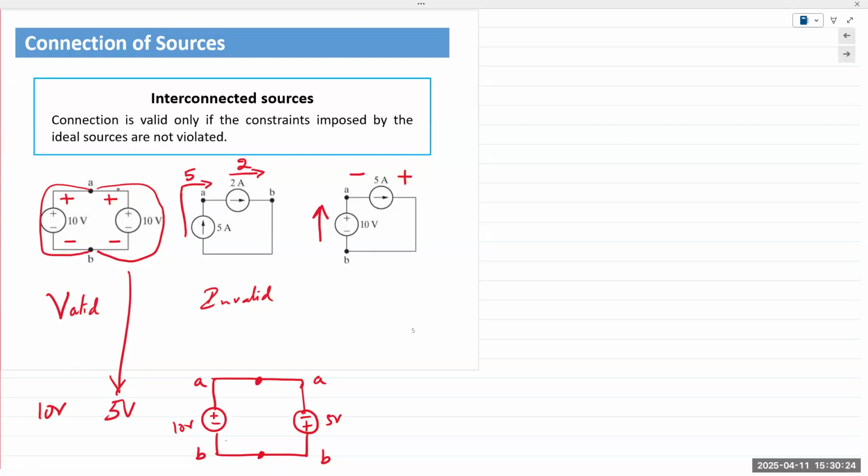So current is flowing in the upwards direction, which is the same direction as that current source. So this connection is valid.